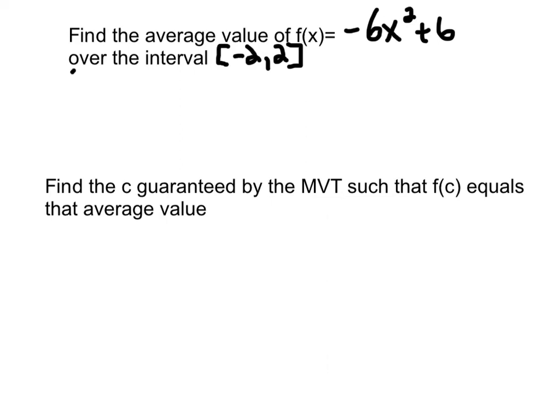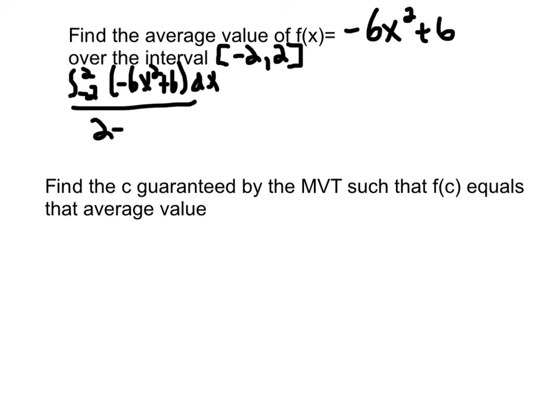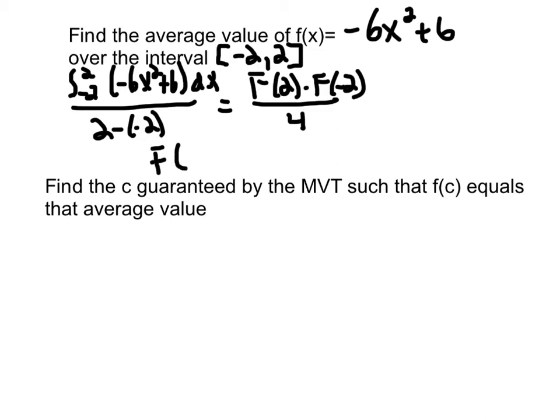Well, the average value here is given by the integral from -2 to 2 of -6x squared plus 6 dx, over 2 minus -2. So that's going to be equal to that integral over 4, right? Big F of 2 minus big F of -2, over 4. What's big F? Big F is going to be equal to -2x cubed plus 6x.